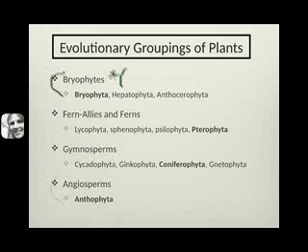In the ferns and the fern allies, we would find the vascular tissue. In the gymnosperms, we would find the seeds and wood, and of course all of the previous adaptations. And then finally in the angiosperms, we would have flowers and fruit and seeds and all the previous adaptations.